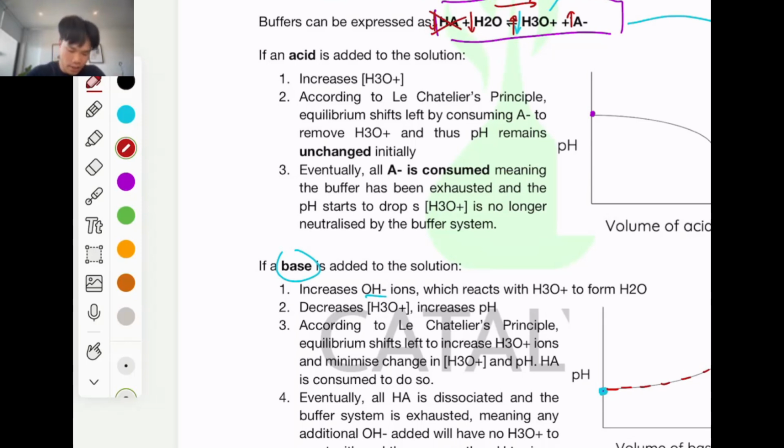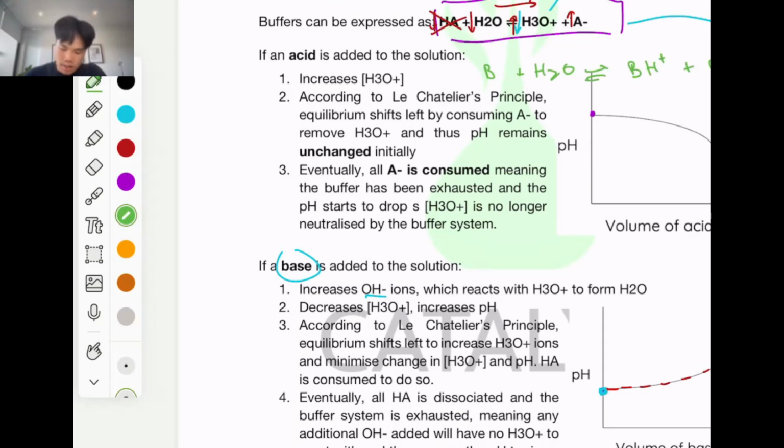Okay. In the other case, if you have a basic buffer, say you have BOH plus H2O, or it doesn't even have to be OH, it could be B plus H2O goes to make BH plus and OH minus, or something similar to that effect.